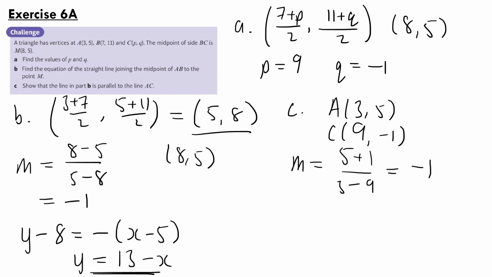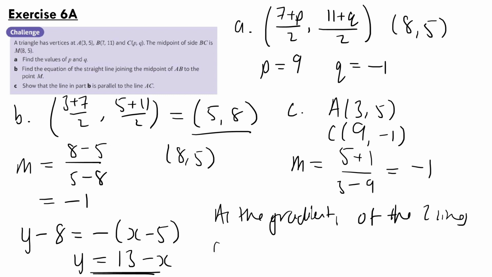And we know that the gradient of the line in part B is also minus 1. So as the gradients of the two lines are equal, they are parallel.